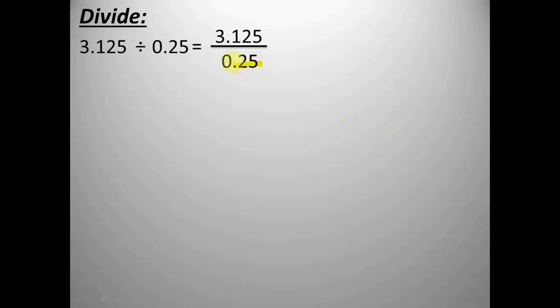We observe the denominator has 2 decimal digits, 2 and 5, and we want to move the decimal point after 2 and after 5. We must multiply by, yes, very good, by 100.